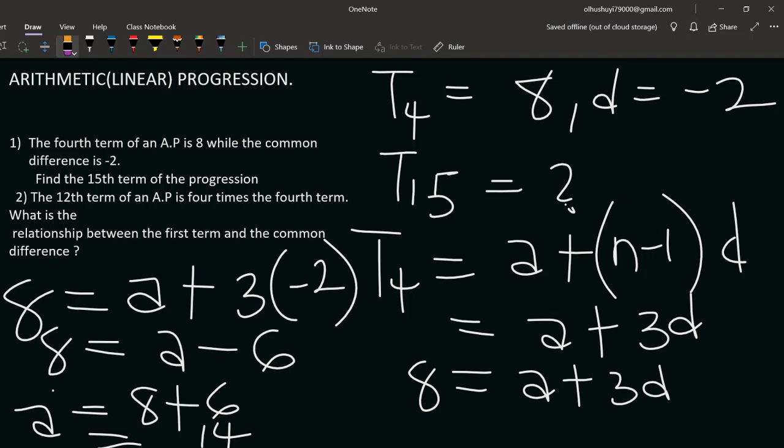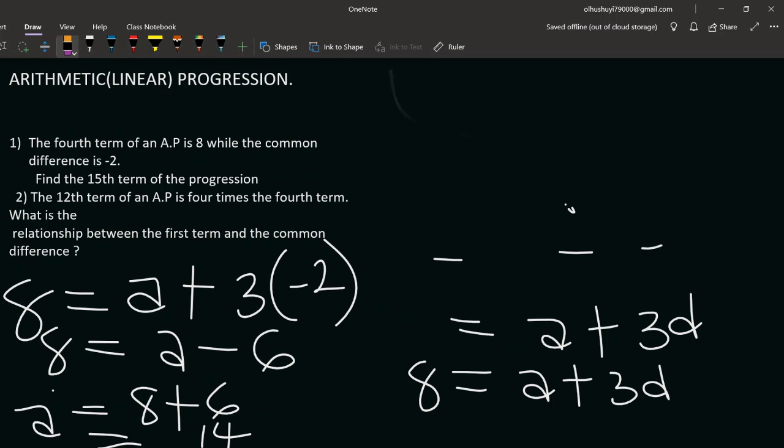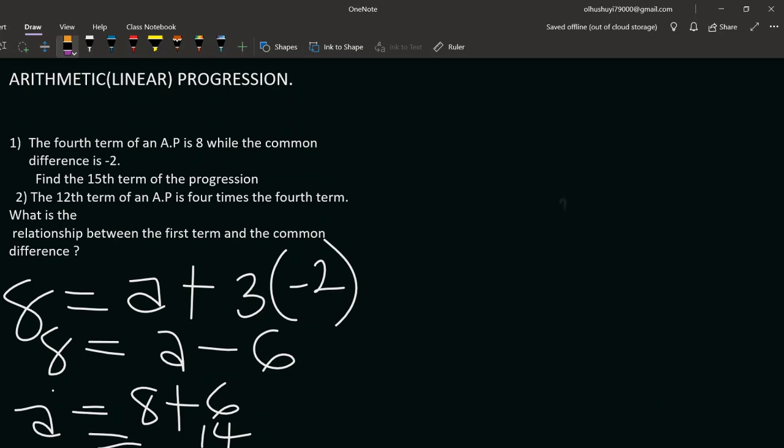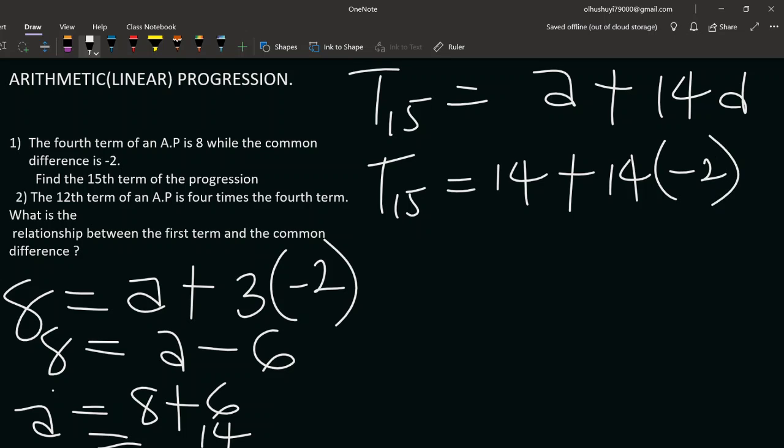So here we go. Fifteenth term, T15, which of course you should know is A plus 14D. If you put that in the nth term formula, you get this. Our first term is 14, so the 15th term should be equal to 14 plus 14 times our common difference, which is minus 2.